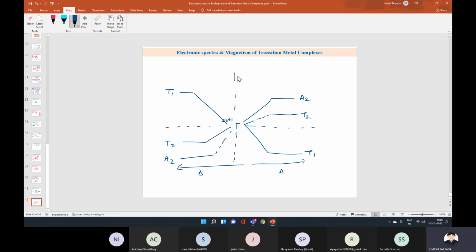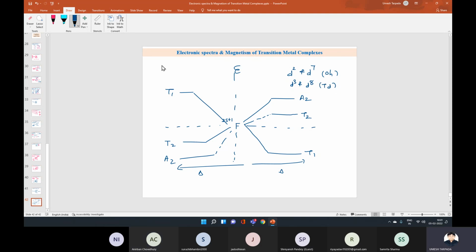This is a common diagram. See, the right hand side diagram represents D2 and D7, which complex? Octahedral. D2 and D7 octahedral, good. And D8 and D3 tetrahedral, good.